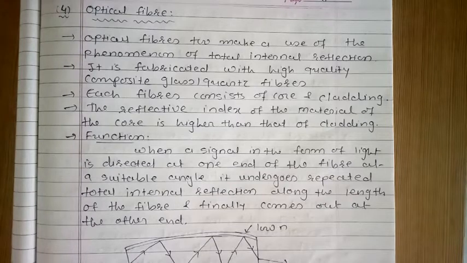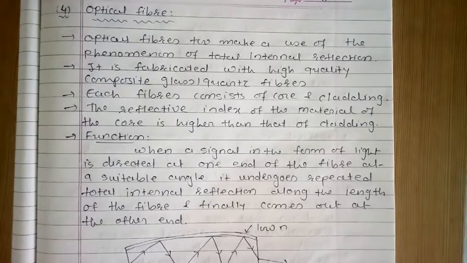Here each fiber consists of core and cladding. You know about core, and cladding is the surrounding surface, the outer side of the core. So optical fiber consists of core and cladding. Now the refractive index of the material of the core is higher than that of the cladding.